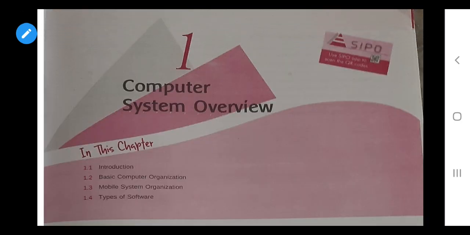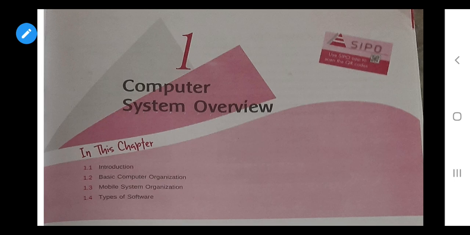Class, today we are going to start with a theoretical chapter, that is computer overview. This chapter you have been studying from very junior classes, but in small topics. Now all together it is gathered in this chapter, that is computer system overview.